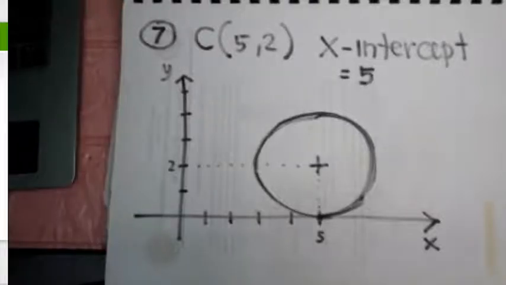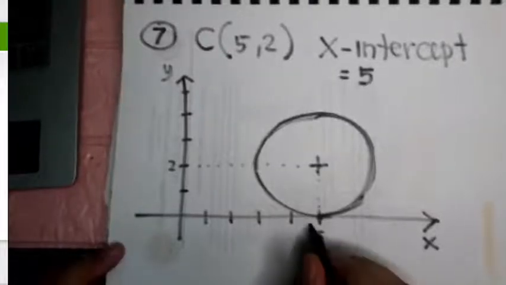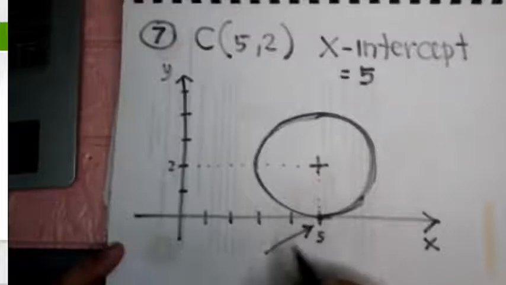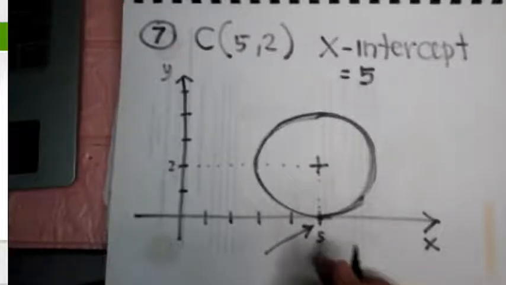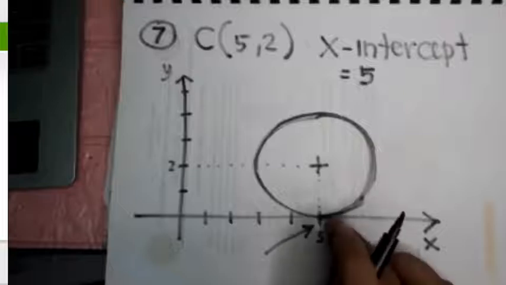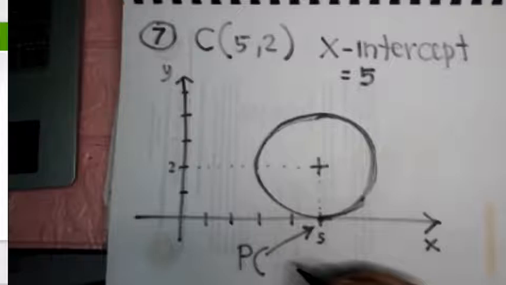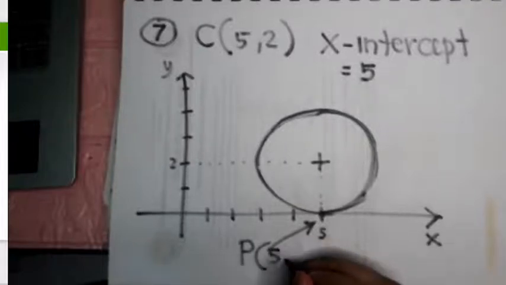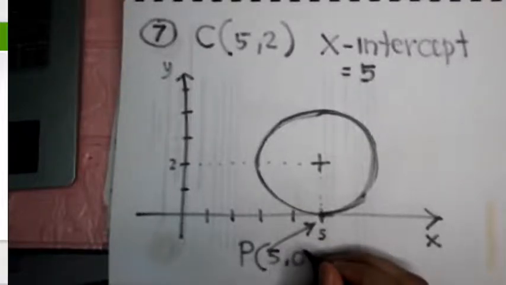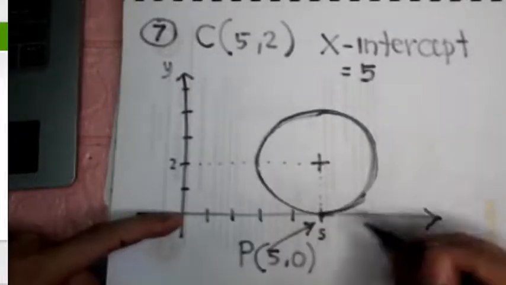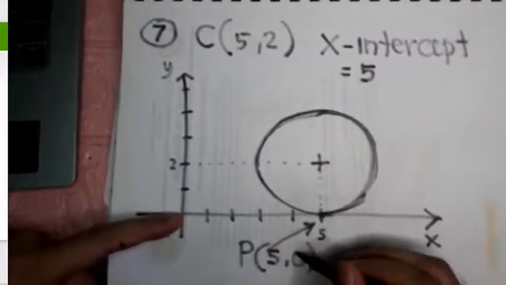Is this a radius? No. Is this a center? No. This is actually point P. What are its coordinates? That is 5 and 0, because it is lying on the x-axis.